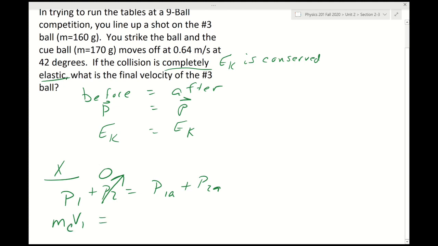After the collision in the x direction, we have the mass of the cue ball times its velocity, plus the mass of the 9-ball, I'm going to label it as a B, not a 9, times its velocity.